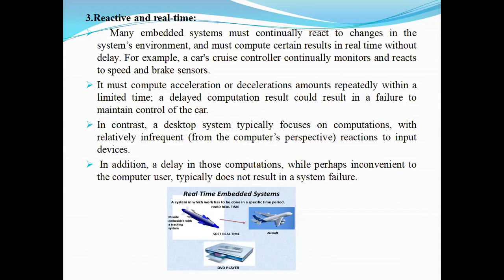If missing the deadline creates a major disaster, that's called hard real time. For hard real-time systems, we always cite missile operations, aircraft, and satellite launchers. For soft real-time systems, examples are DVD players and sometimes MP3 players. These are the examples of soft and hard real-time systems.